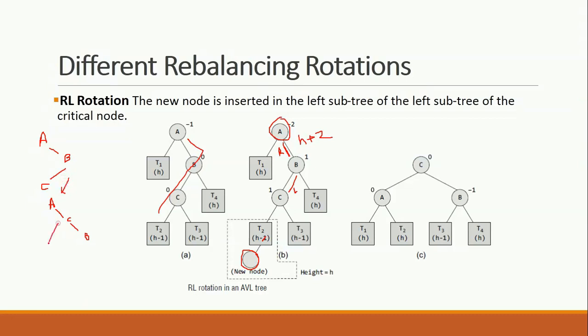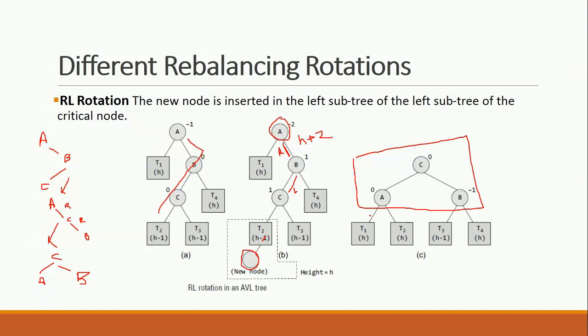After this, the third step would be, since it is now an RR problem, solve it as C at the top with A and B. You can see in the diagram also it is C, A, B. In this way you can solve it.